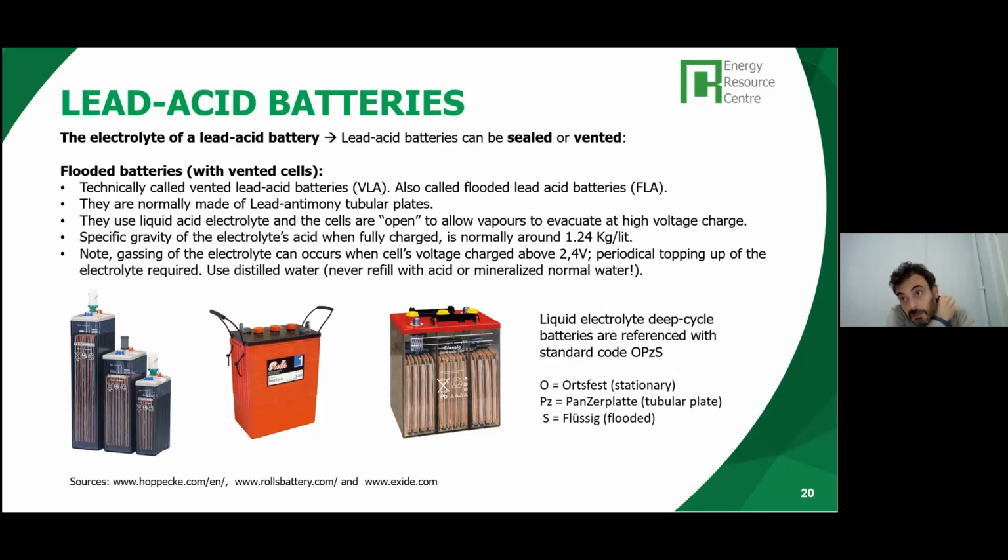The sealed batteries are completely closed. The vented ones are those where we can access the electrolyte, the chamber of the battery. In these examples you can see there's a little cap, a little lid that can be taken out.